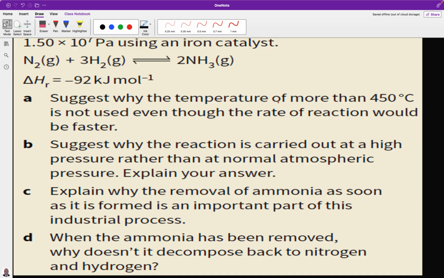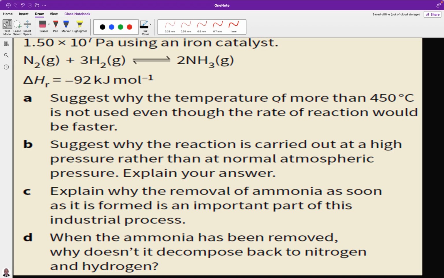So ammonia is removed immediately as it is formed, because if allowed, it will decompose back into what? Into nitrogen and hydrogen.